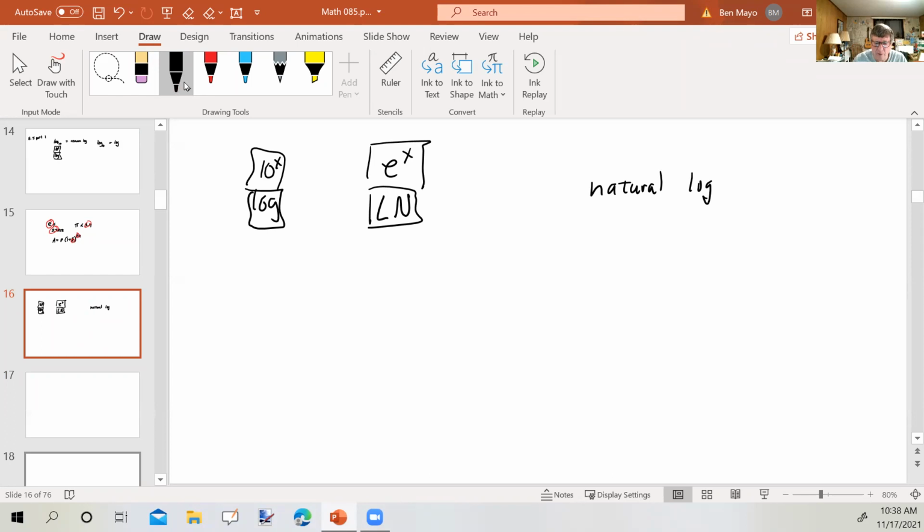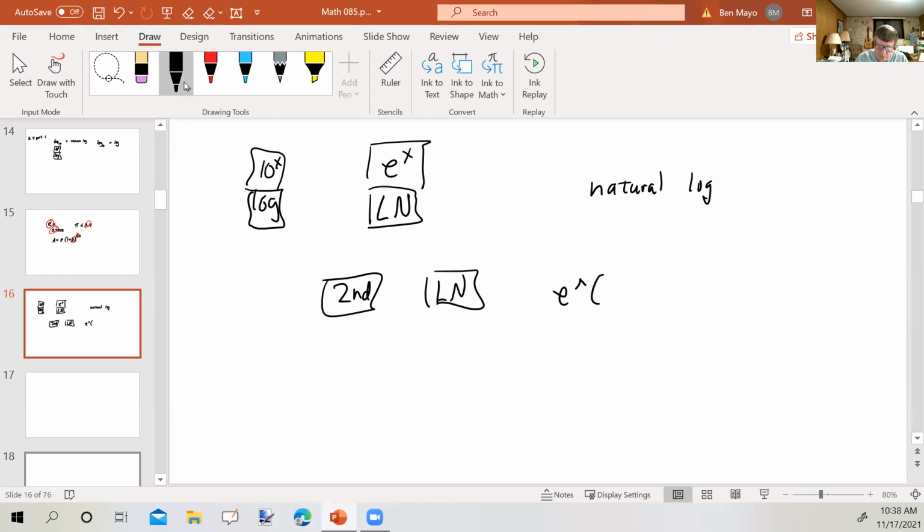So let's say I want to just get plain old e on my calculator. I'm going to push the second function key. Then I'm going to push the ln button. Let's try that again. Second function, ln. When I do that, I get e, and then the little caret power key parentheses.